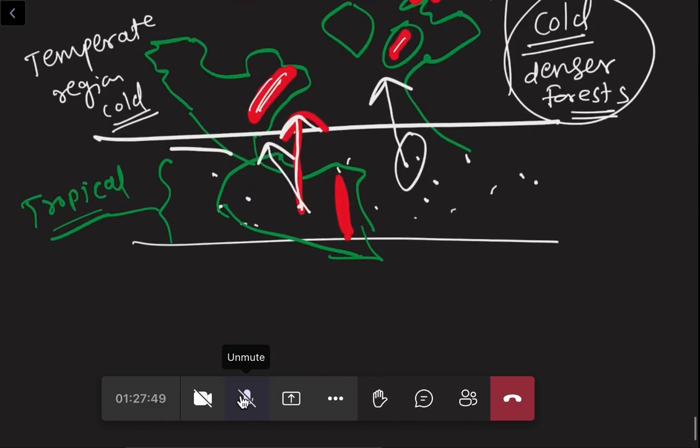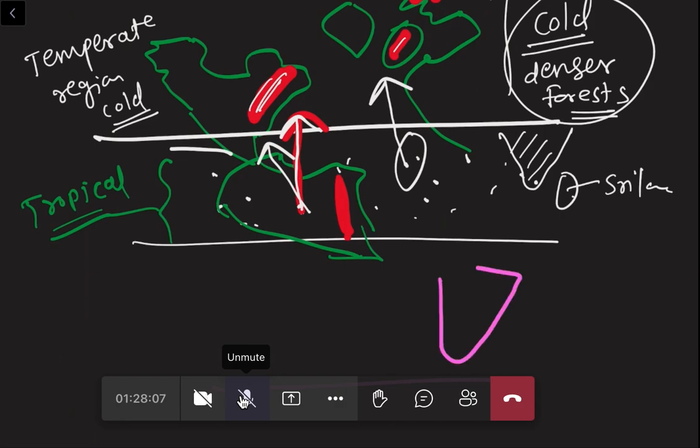Now when America was in the tropical region, India was much below that. Today India is in the tropics. Today India is here. This is our India. This is Sri Lanka. But earlier India was very close to this region. Now this region is Antarctica.